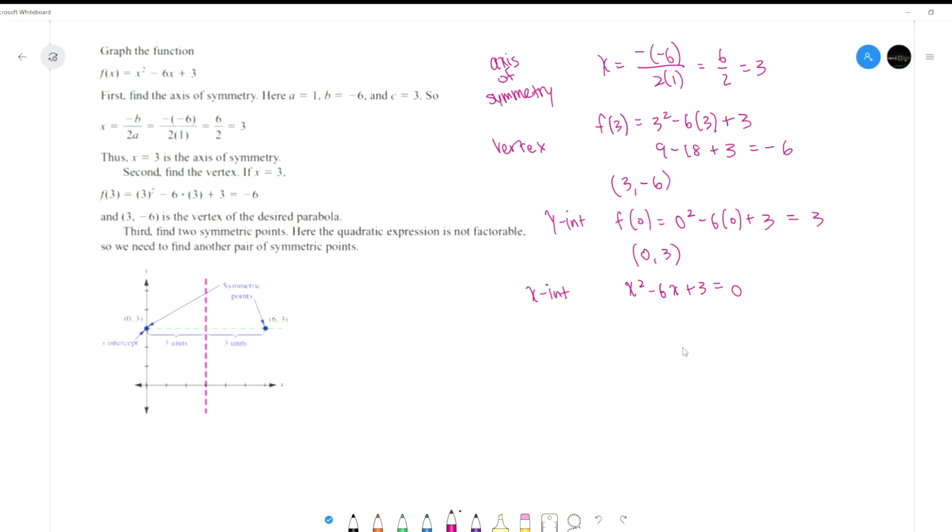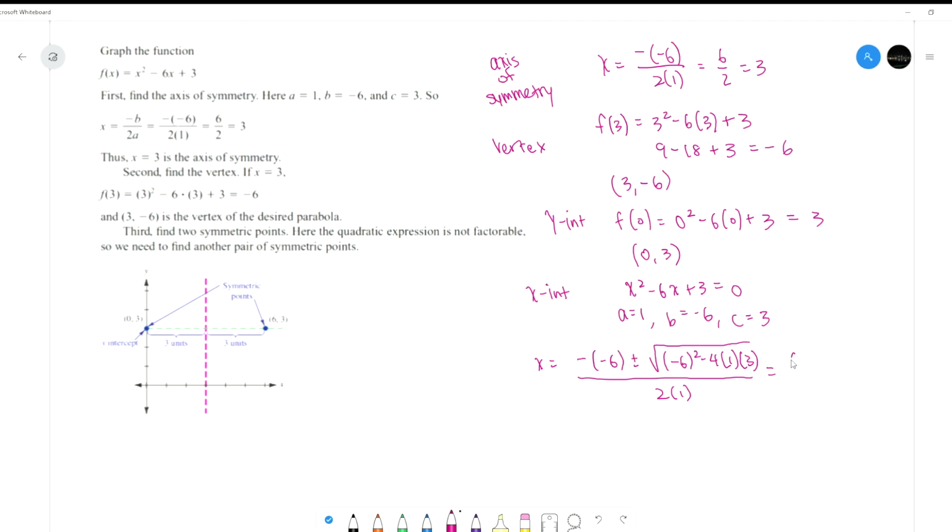Right? The second method should be what? The quadratic formula we just did, right? So again, we know a is equal to 1, b is equal to negative 6, c is equal to 3. So I'm going to do x is equal to negative b plus or minus the square root of b squared minus 4ac over 2a.